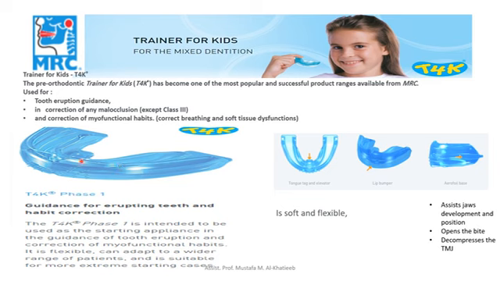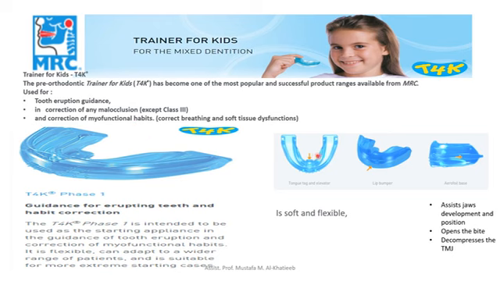A trainer for kids, T4K, the pre-orthodontic trainer for kids, has become one of the most popular and successful product ranges available from Myofunctional Research Company, used for tooth eruption guidance and correction of any malocclusion except class 3, and correction of myofunctional habits, correct breathing and soft tissue dysfunction.